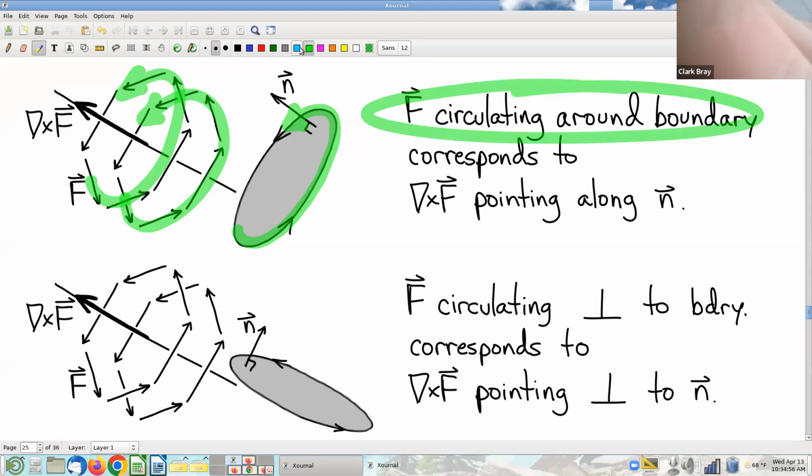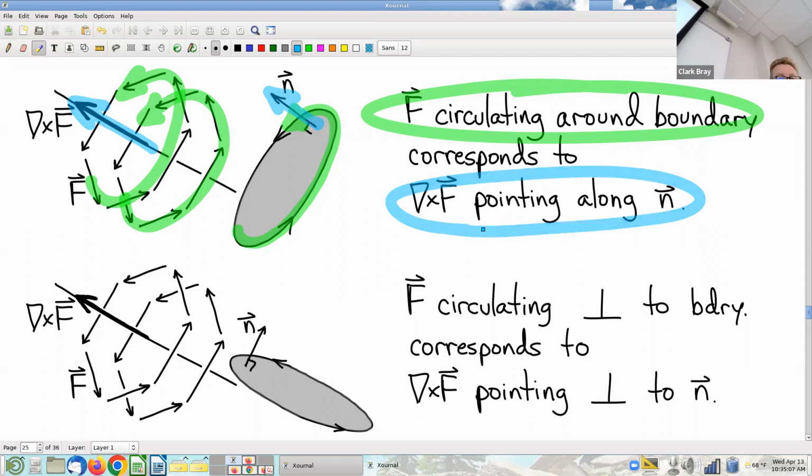And notice that because of the geometry of the situation, this corresponds perfectly to the curl and the normal vector pointing in the same direction. So this dot product being large tracks with the circulation that we would detect on that boundary being large.